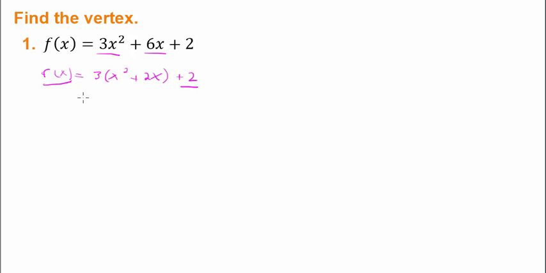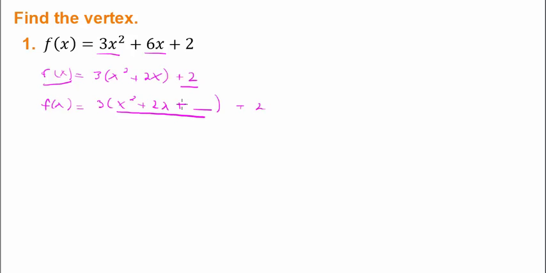All right. So the next thing I want to do is write this function with some blanks, because what I'd like to accomplish is to complete the square, or turn this actually into a perfect square trinomial. That's my goal.